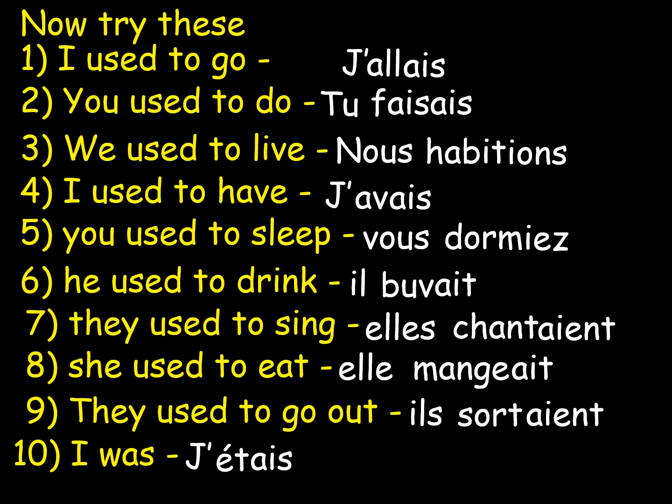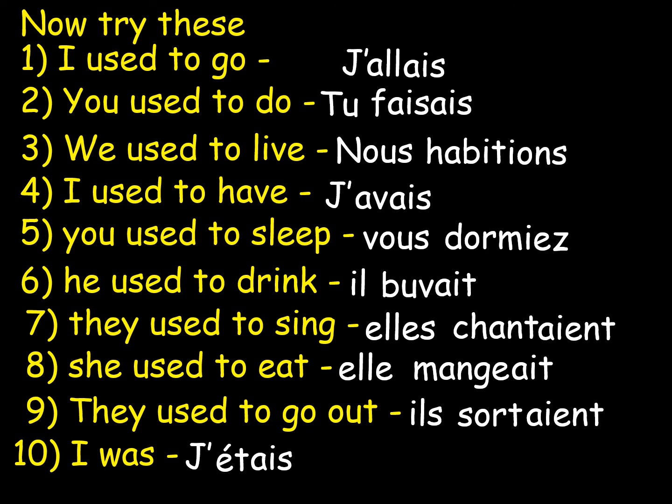So like I said, this is a complex verb, complex tense. The imperfect tense is quite complex. We have to think about it very carefully. And the way we do it is first of all, we find the we form in the present tense, which has got ONS on the end, and we take off the ONS and then we're left with a stem. Sometimes the stem is pretty normal, but as in the case of number 6, for example, the word to drink, it's irregular in that instance, so we have to think about it carefully. This is why in order to be able to do the imperfect tense, you need to know your present tense really well.